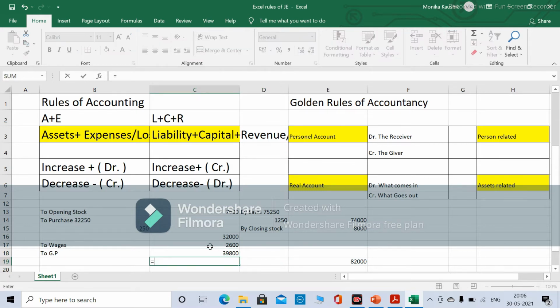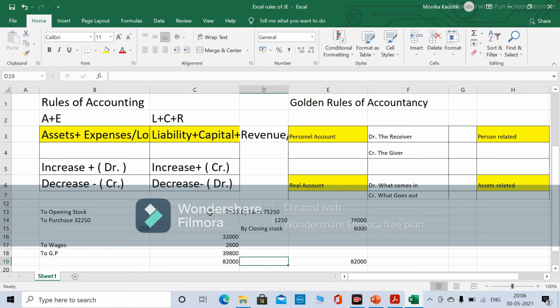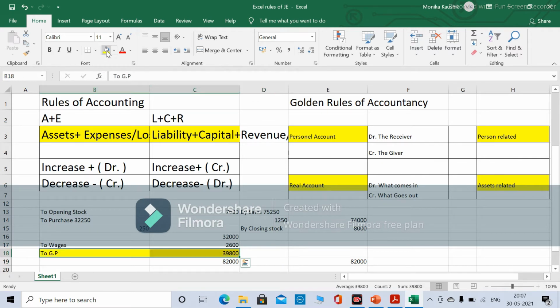So the total is equal to the sum, right? So this is my gross profit. One query done. Then we will move ahead.